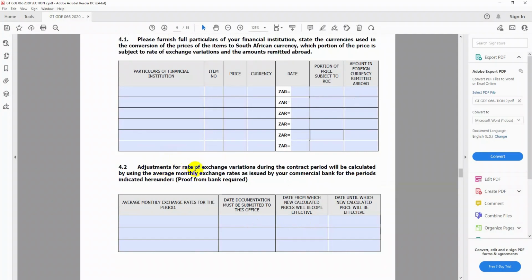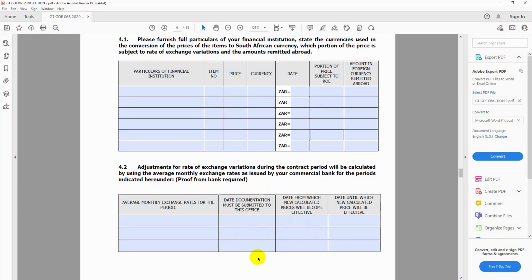And then adjustment for rate of exchange variation during the contract period will be calculated by using the average monthly exchange rate as issued by your commercial bank. So the rate of exchange that you give, obviously it's not what you think. The department will just check.